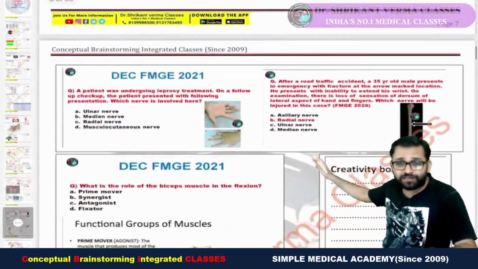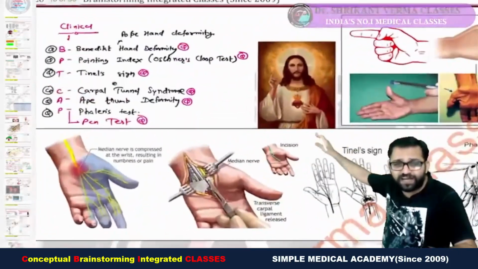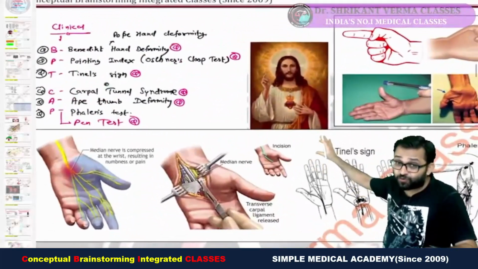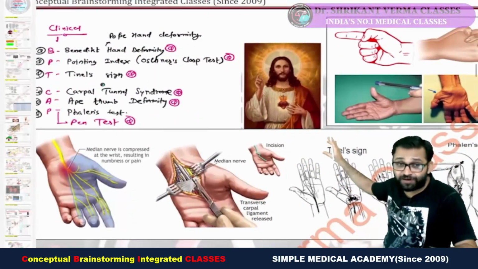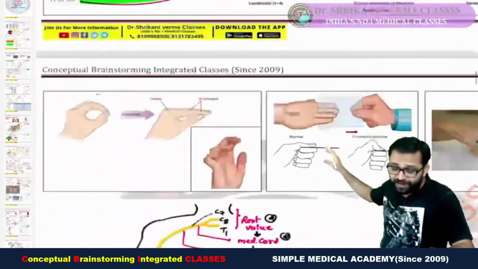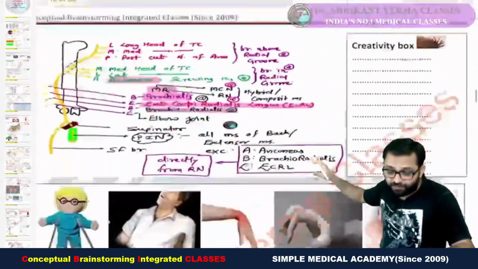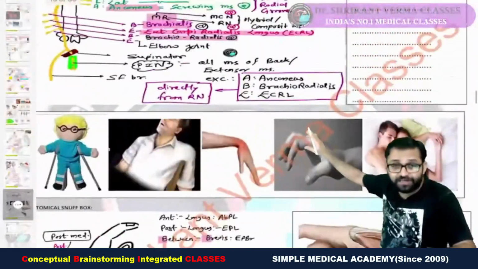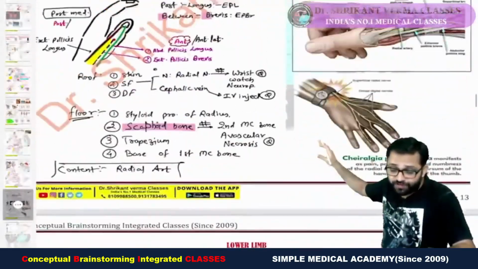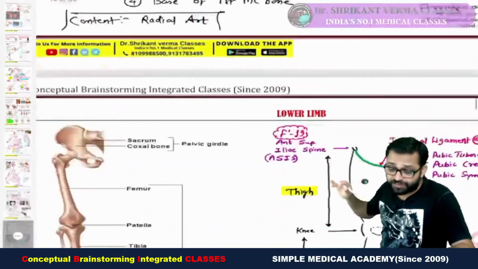Different MCQs are here. Okay, so in the upper limb we discussed our different signs. At this time, questions are not directly asked from this part, but different tricks and mnemonics are here. Okay, and here all our nerves. Then we discussed our lower limb, radial nerve injury also we talked, and this was the point from where a question had been directly asked, our anatomical snuffbox.